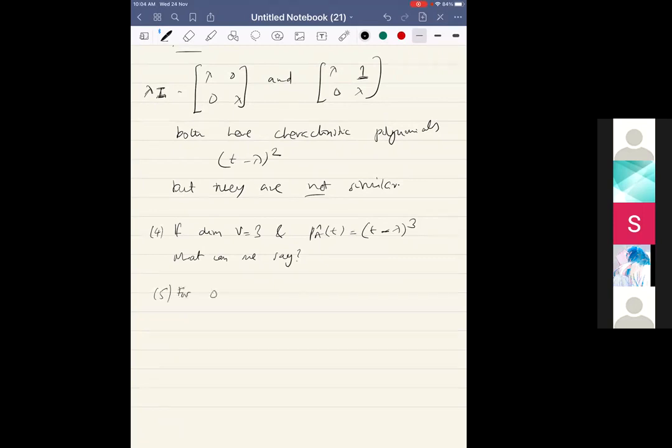For theta in the range 0 to 2 pi, consider the 2 by 2 matrix A theta, which is cos theta, minus sin theta, sin theta, cos theta.